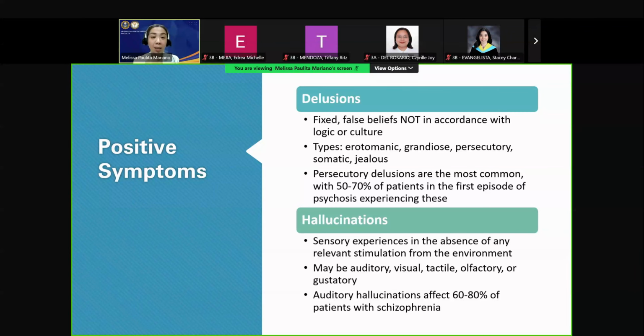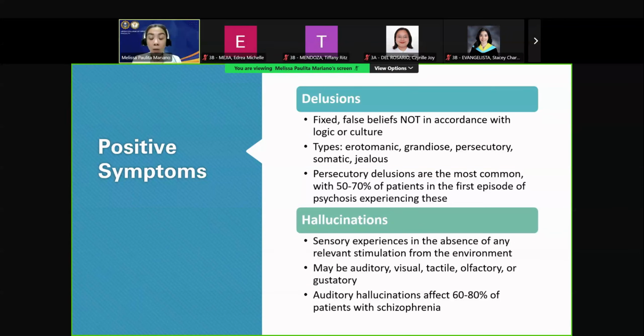Olfactory, meaning smelling something that isn't there, and gustatory, meaning tasting something that other people can't taste, really. Like you could say that the water tastes like blood, or even if you're not eating something, there's this taste that's very distinct, and there's no sensory stimulus that could actually account for that.